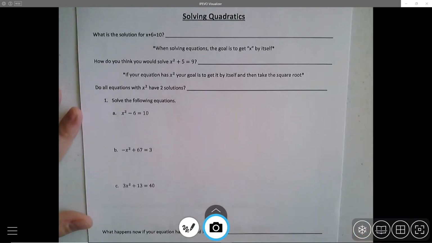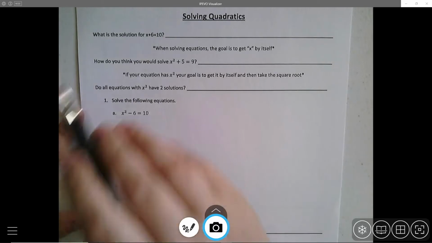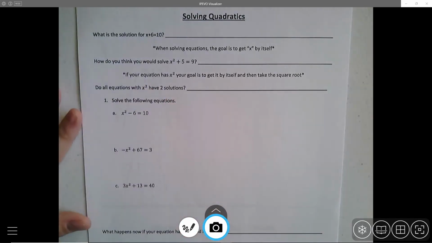So the first thing that we're going to look at is this question. What is the solution for x plus 6 equals 10? So this goes back to the beginning of algebra when you were talking about solving linear equations.